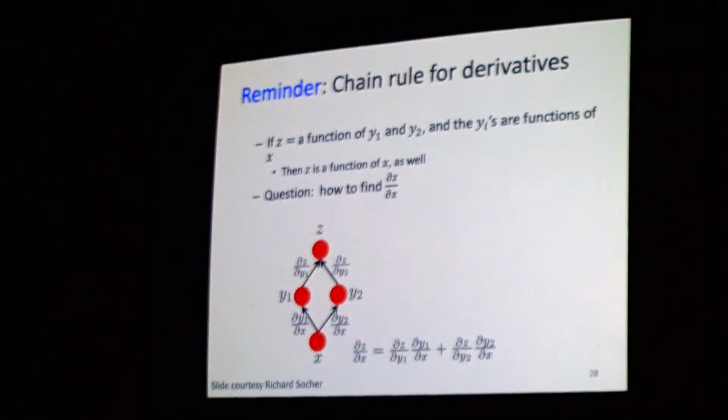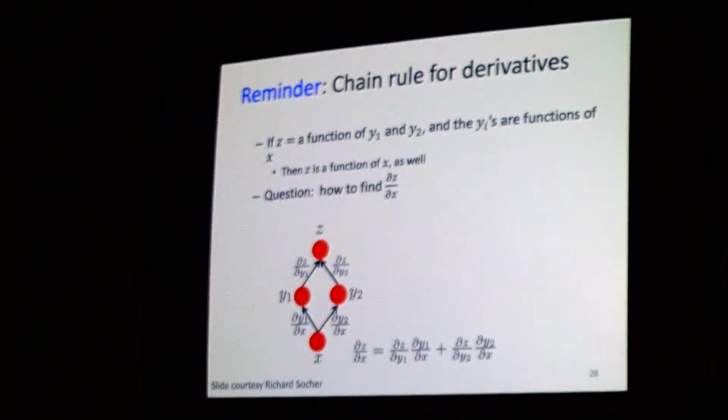For the second path, we multiply partial z over partial y2 times partial y2 over partial x, which is here. Now, you add them together, and you get the final partial derivative of z with respect to x. Does it make sense?